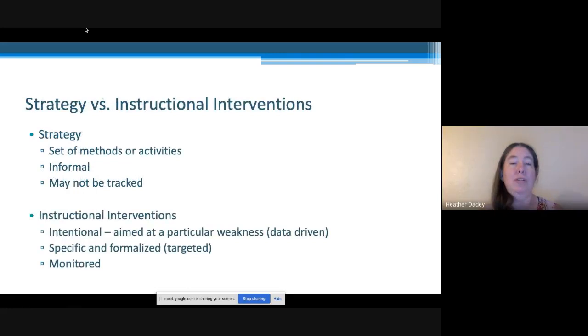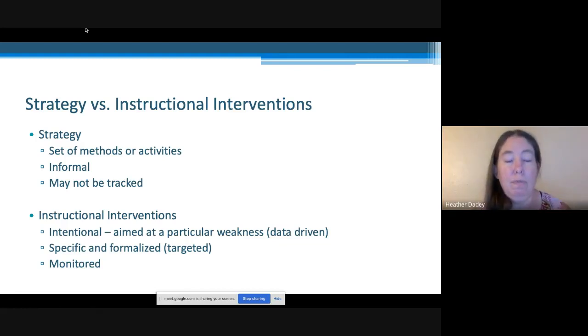So the big question is always, what is a strategy and what is an intervention? Remember, we are looking at interventions, not strategies. A strategy is a set of methods or activities. It's informal and may not be tracked. Instructional interventions are intentional. They're aimed at a particular weakness, data-driven, specific and formalized, and monitored.